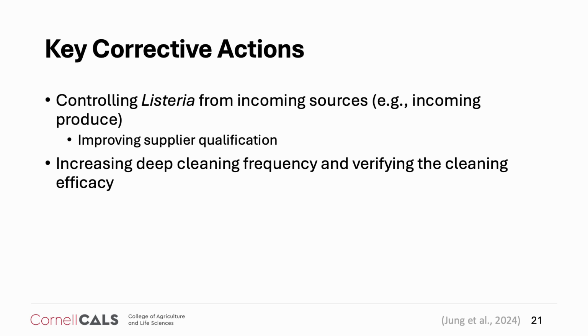So targeting the sections that get infrequent cleaning events can reduce overall Listeria level, and verifying that the cleaning was actually efficiently done would be very important. So these results overall suggest to retailers where to focus when they are developing Listeria control strategies, and to use the model to simulate targeted corrective actions before they implement them in reality.